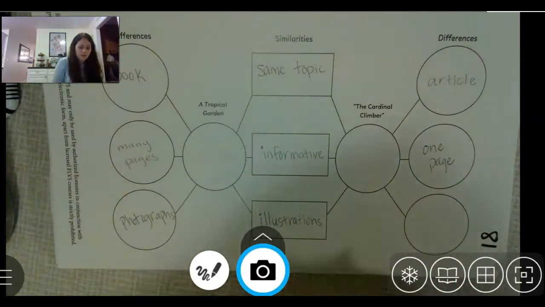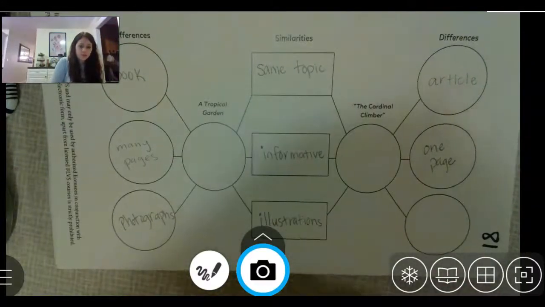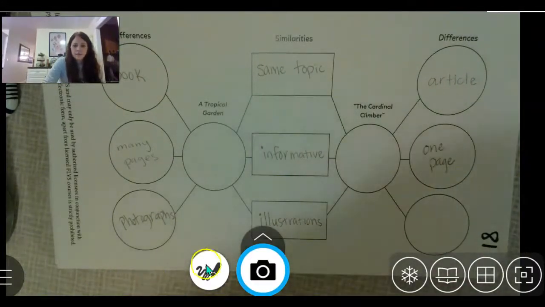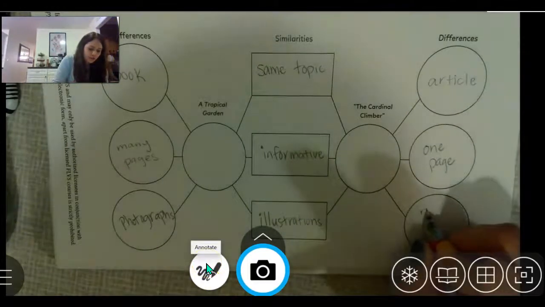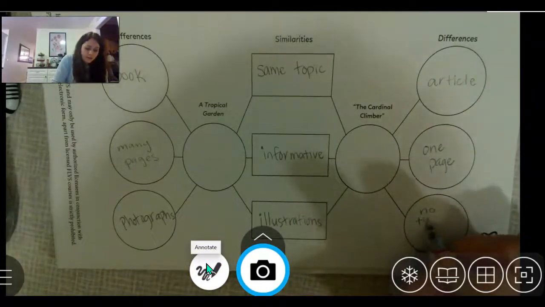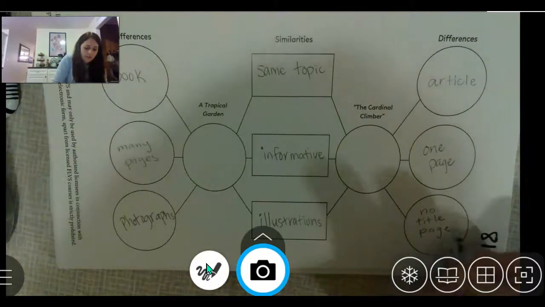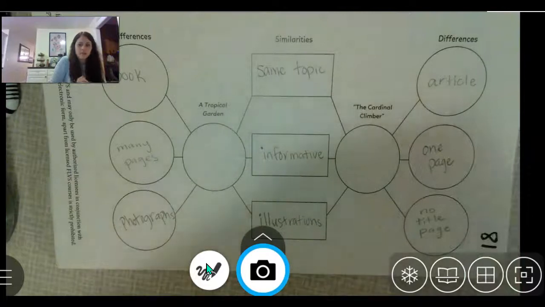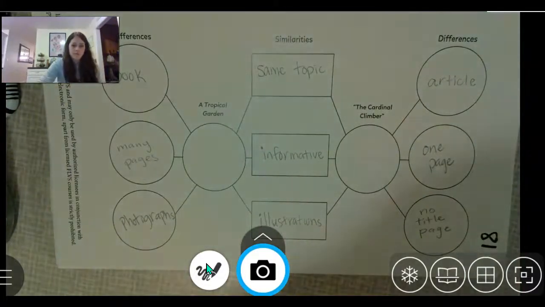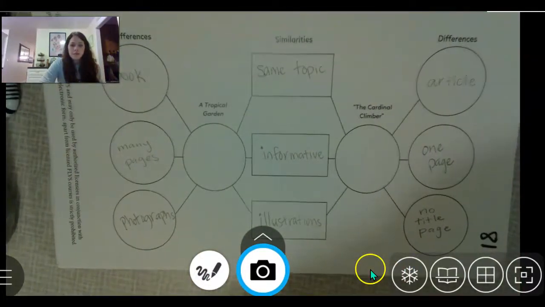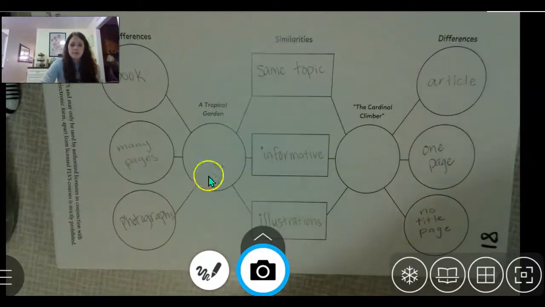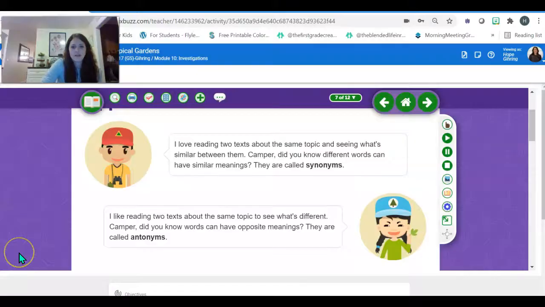Now the other thing the article does not have that we could say is a difference is the article does not have a title page like the book. It has a heading up top, but no title page like our book because our article only has one page. All right, that would be it for our similarities and differences for our two texts. So if you need to pause the video to finish copying that, go ahead and do that now.